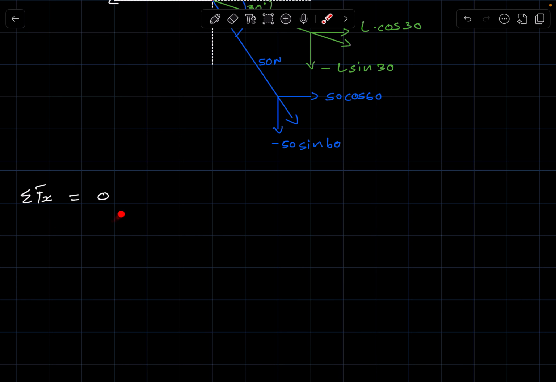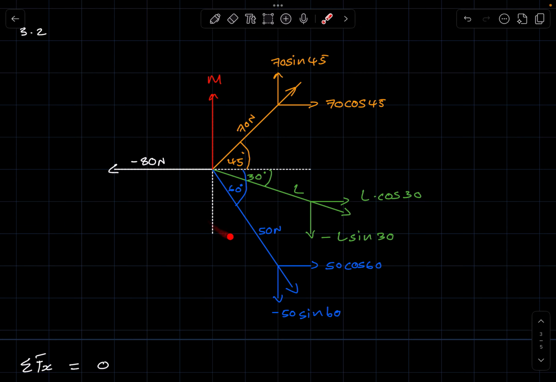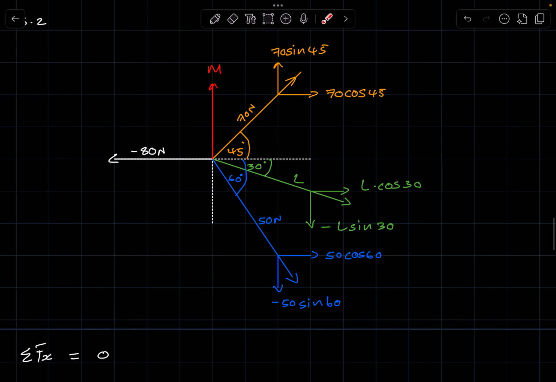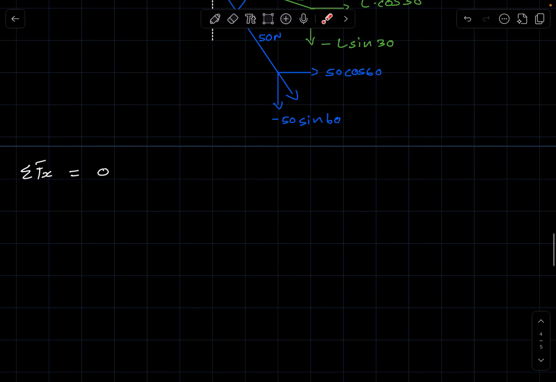Now we know the sum of forces in the x direction are equal to 0, because like I said, for such problems, even though in this case they didn't tell us, they should have, but in such scenarios where you have unknowns, we always assume that the system of forces are in equilibrium. If they are in equilibrium, it means the sum of forces in the x direction are equal to 0. Also, the sum of forces in the y direction are also equal to 0.